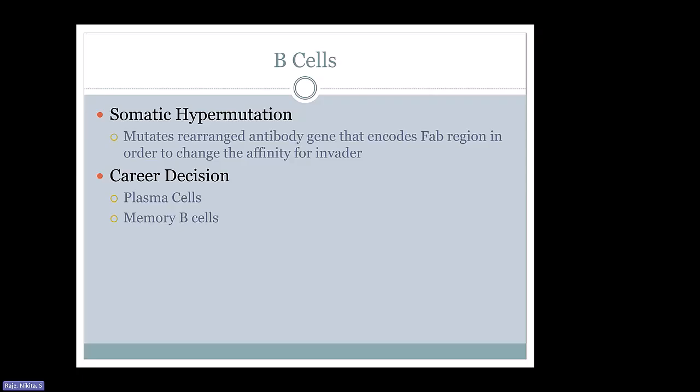B cells can also undergo somatic hypermutation. So remember, class switching occurs in that constant region, C region of the immunoglobulin. Somatic hypermutation occurs in that FAB region of the immunoglobulins. So the BCRs mutate so that they rearrange the antibody gene that codes for FAB region in order to change the affinity for invader.